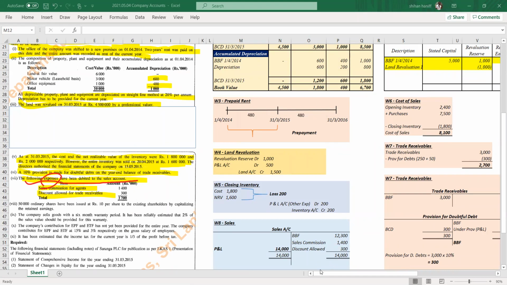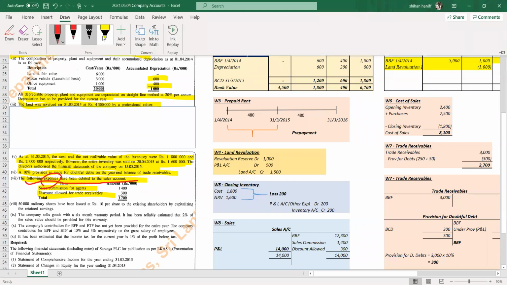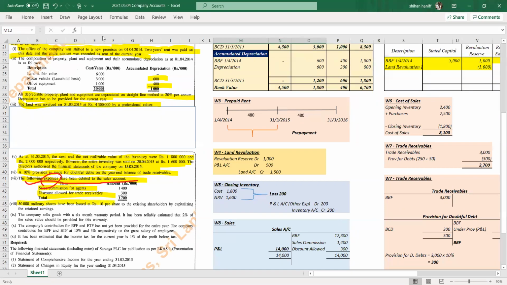Number 8. So let me explain number 8. 50,000 ordinary shares have been issued at 10 rupees per share. It's a share issue to the existing shareholders by capitalizing the retained earnings. So it's a bonus issue.